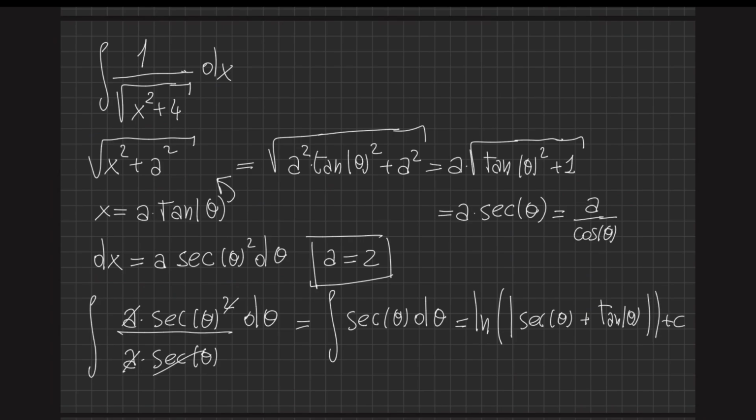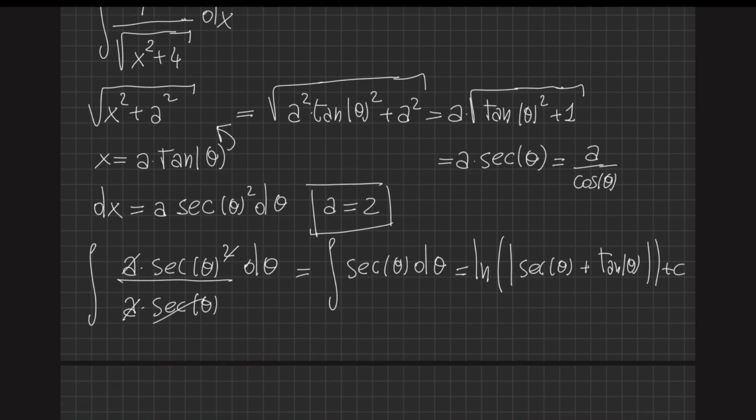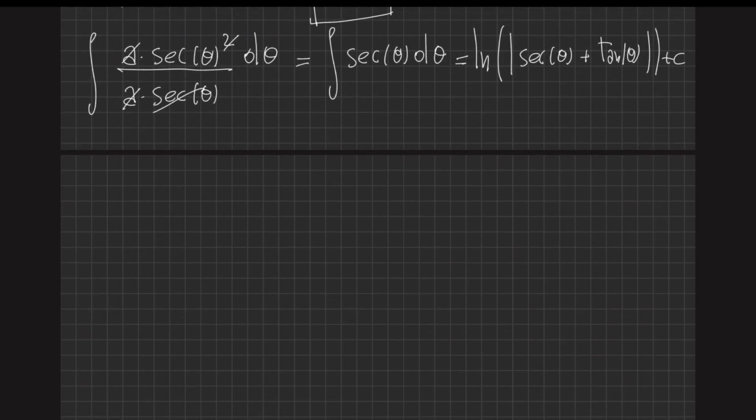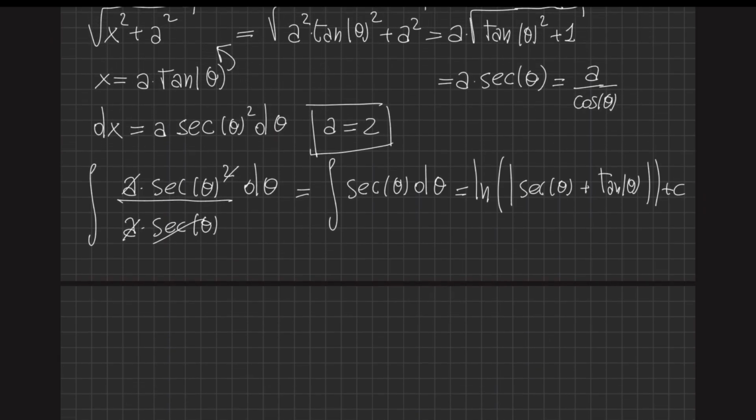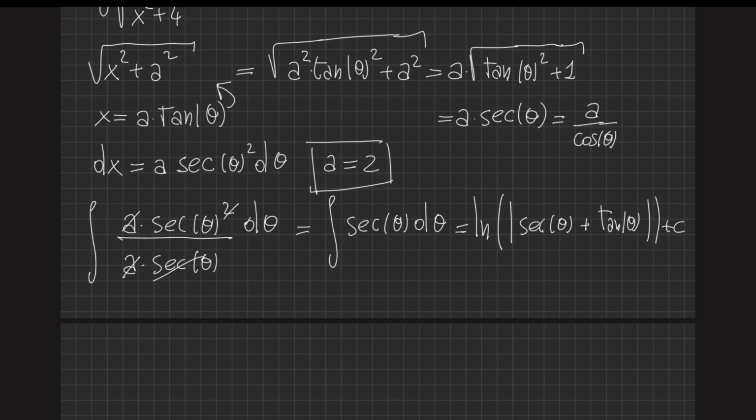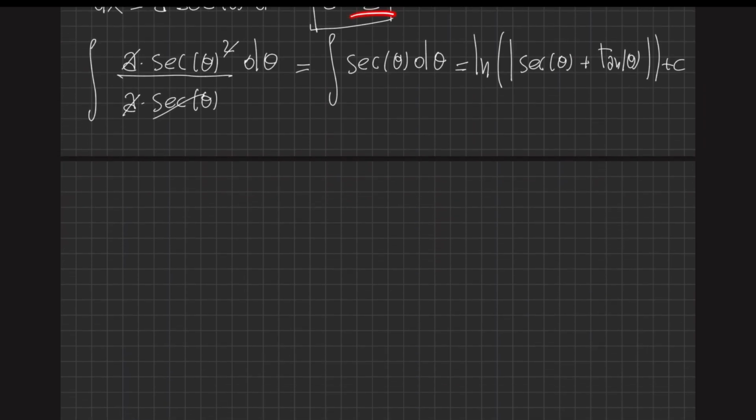plus a constant. And again, now the game is that we have to go back to x. And as before, we're going to do it using the Sohcahtoa rules. So let's look at our change of variables. We put x equal to a times the tangent of theta, and in our case a is equal to 2. This means that x over 2 is equal to the tangent of theta, which is equal to the opposite side divided by the adjacent.